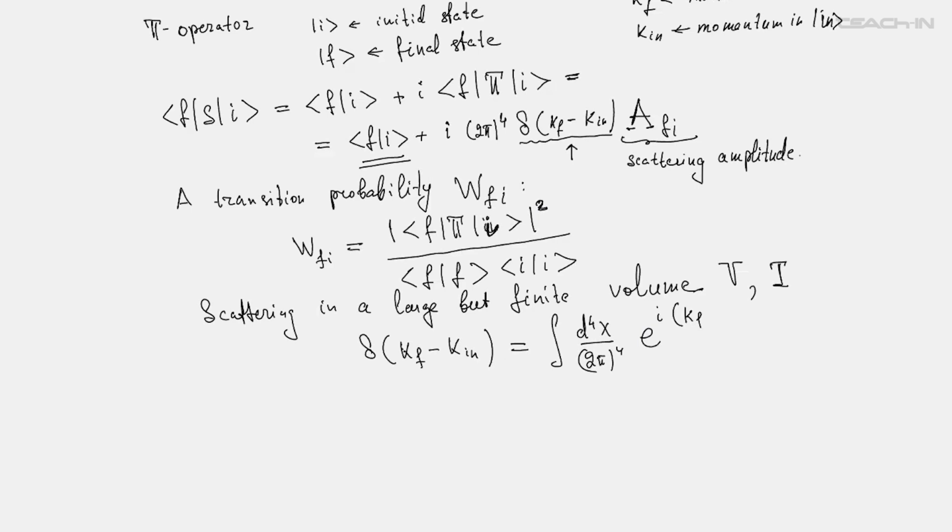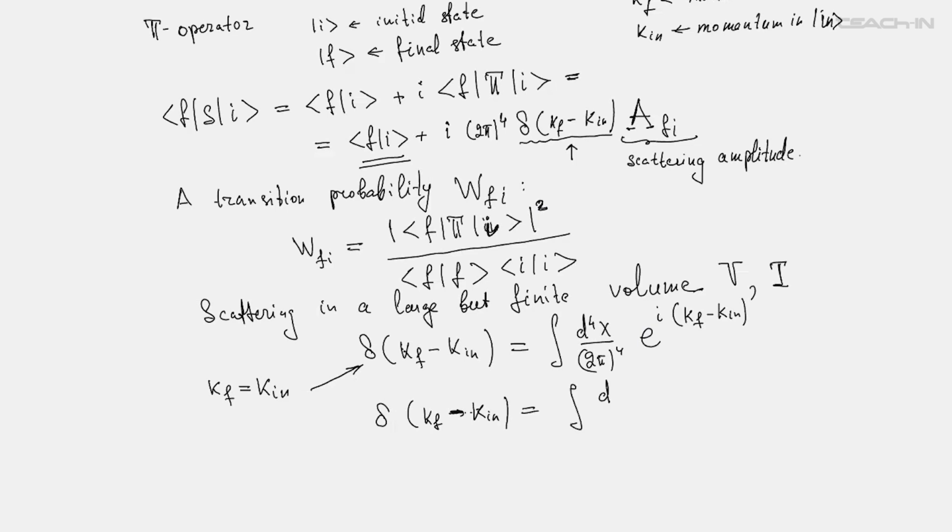Now, we have already one delta function. And so in the second delta function, in its Fourier expansion, we can just identify K_f with K_in. This is the condition imposed by the presence of the already existing delta function. And therefore, the second delta function in the finite volume gets replaced by the integral d^4x over (2 pi)^4.